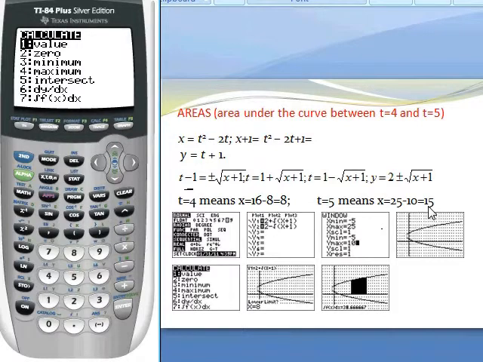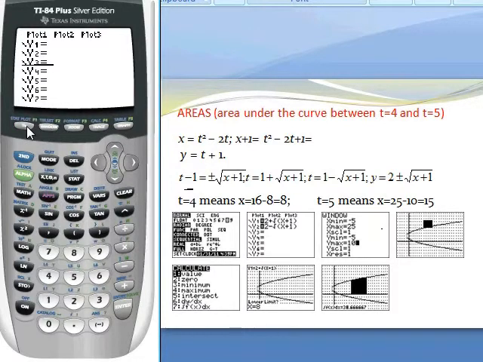Now the other thing I need to do is put in my equation. Now let's say y equals, now I got out of the parametric mode, remember? Now I am going to put down 2 plus square root of x plus 1. I got that from here, remember?